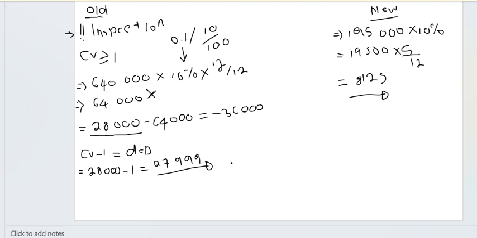Okay. So therefore, the total depreciation for Roman figure 2 is a summation of these two depreciations, which is 27,999 plus 8,000, sorry, 125.